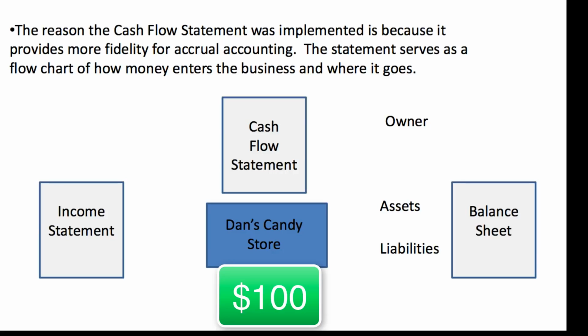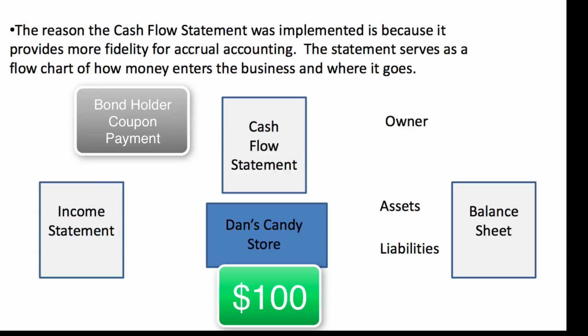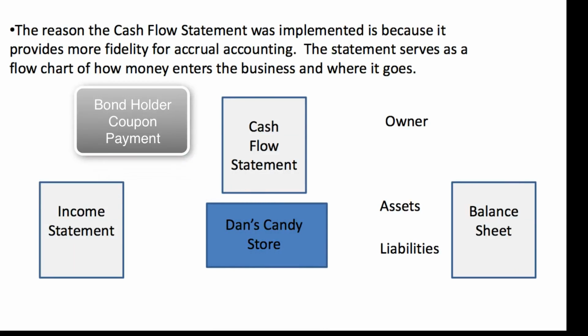Another thing that you're going to find on the cash flow statement is the money that he's using to pay off his debts or to make payments on the coupons for the bonds that he might have issued. When you were just working with an income statement and a balance sheet, you would see that maybe the liabilities would decrease, but you wouldn't know how much of his cash was being allocated towards paying off those debts.